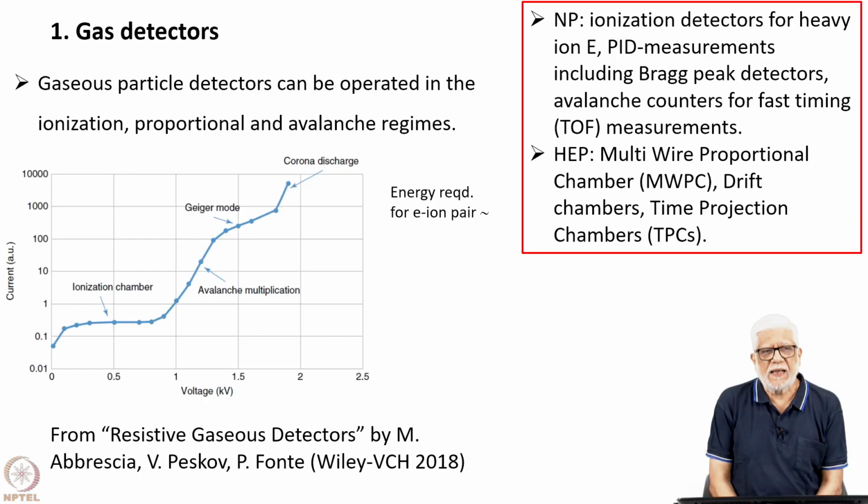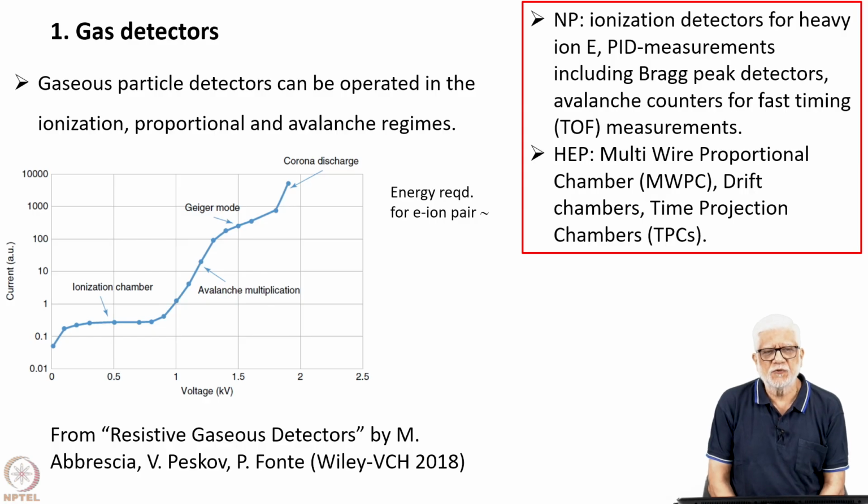Now, let us come to the gas detectors. Gaseous particle detectors can be operated in at least three types of regimes, which depend on the kind of voltages that you apply for a given geometry. This is shown by a current versus voltage plot of a typical gas detector.